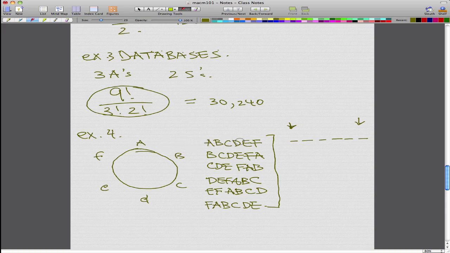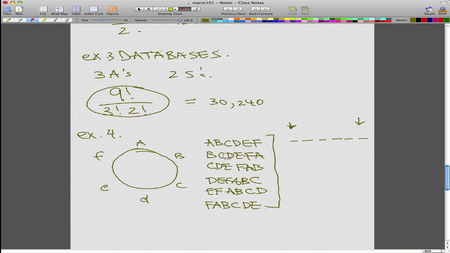This is one whole way of doing things, but 6 different ways at the same time. Now that's kind of contradicting, but you can just say that this whole thing is one unique lineup, but there are 6 different ways to line this up. A can be first, B can be first, C can be first. Those are the different ways that we can line it up, but the lineup is still the same because it's the same kind of sequence, right?